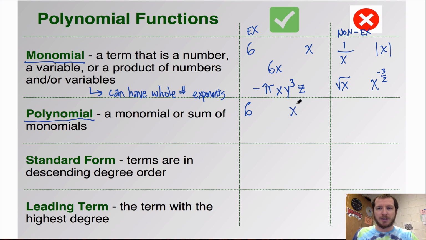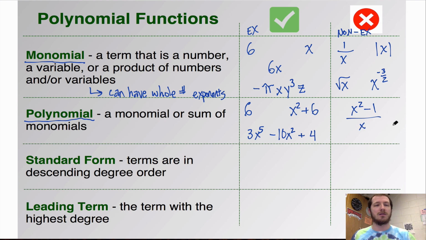We can do x squared plus 6, or something like 3x to the 5th minus 10x squared plus 4. That's also a polynomial.